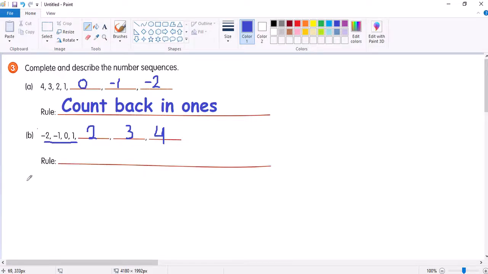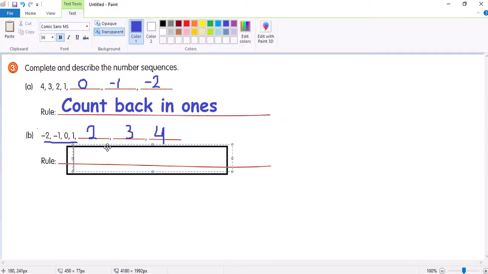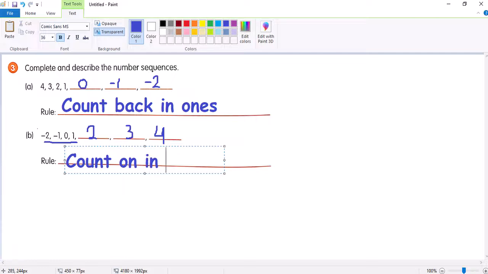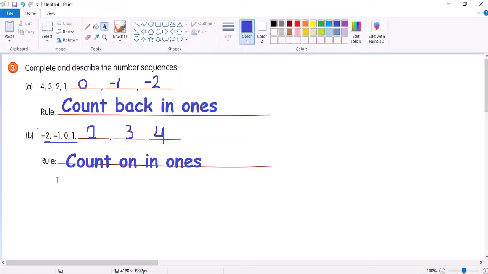Okay, so what is the rule that we're using here is actually we're counting or count on in ones. Okay, so this is the rule. Don't forget, please write down your rule. What rule that we're using to count here.